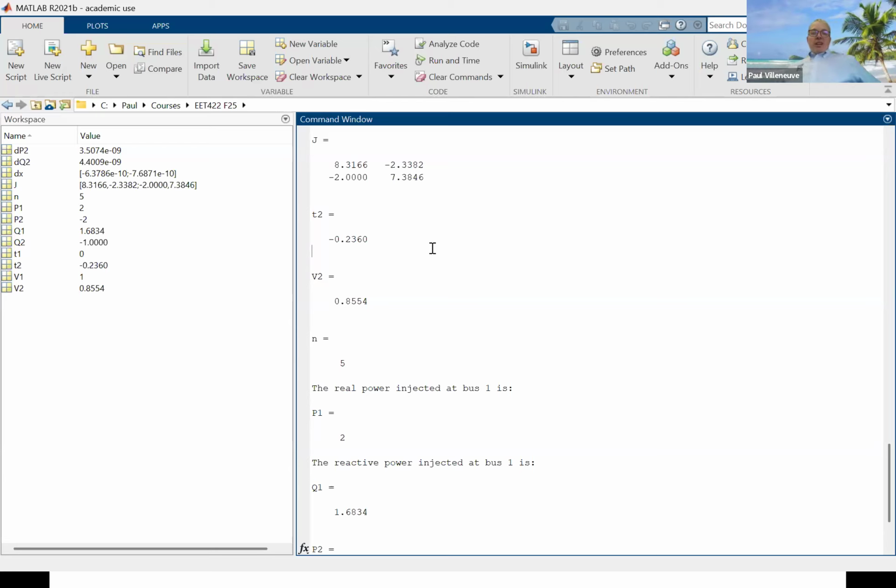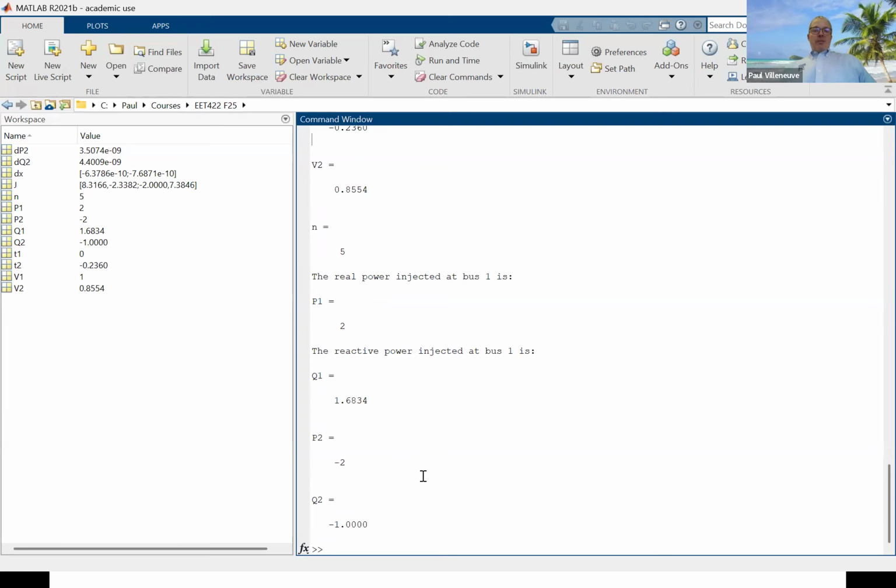And then I just check to see, all right, do I get good results? So let's go down to P2 and Q2. Hey, looks okay, right? The power injected at P2 and Q2 is -2 and -1, which means that power is going into the bus and it's sent to the load. So my injected power matches my scheduled power, right? It's the power that's being delivered to the load. Let's take a look at P1. Oh, P1 matches the output, but Q1 doesn't.